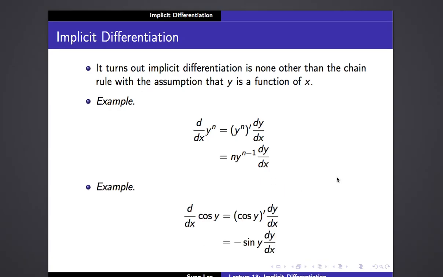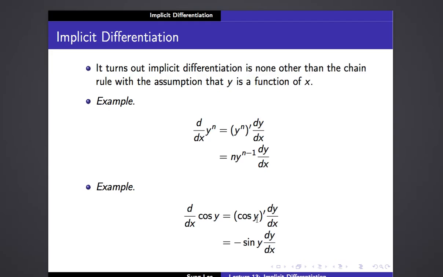Next example, the derivative of cosine of y. We are not taking the derivative of cosine of y with respect to y, but with respect to x, by assuming that y is a function of x. So again, by the chain rule, y is like a u, the innermost function.